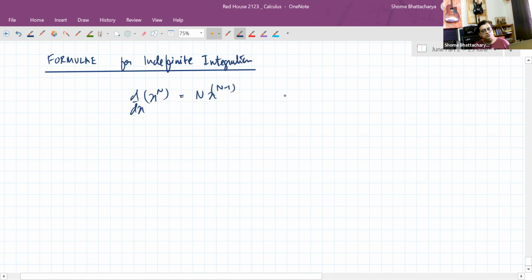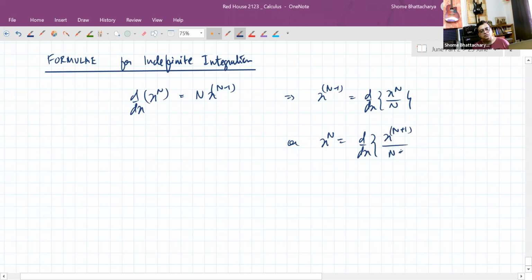So we can say that x to the power n minus 1 is the differentiation of x to the power n upon n. Or we can say that x to the power n is the differentiation of x to the power n plus 1 upon n plus 1. Or in general, x to the power n is the differentiation of x to the power n plus 1 upon n plus 1, plus c.